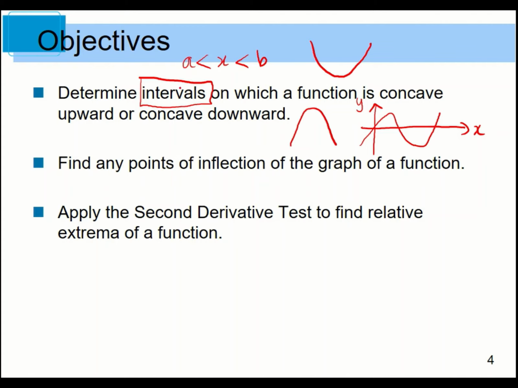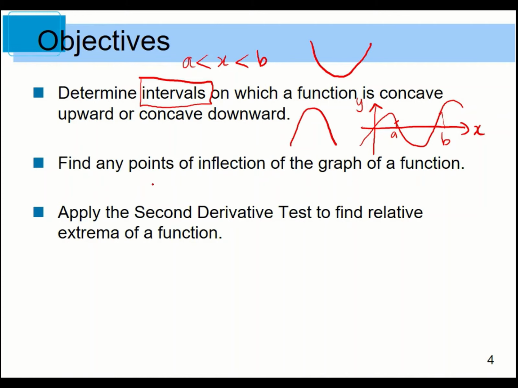This is called the interval. For example, let's say this is point A and this is point B. We say from A to B, the graph is concave upward.